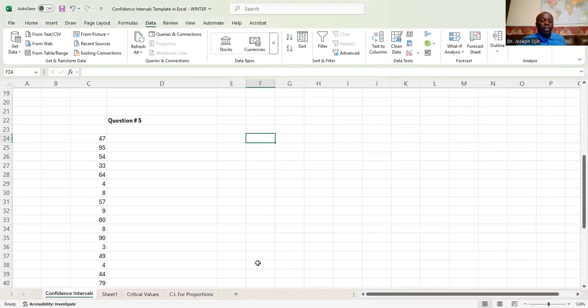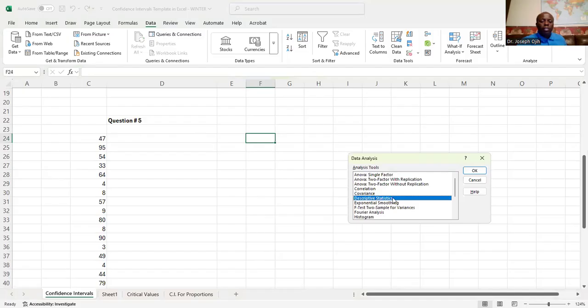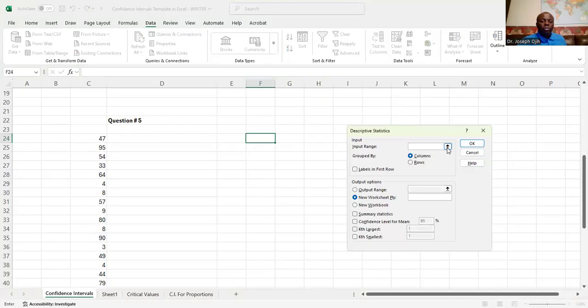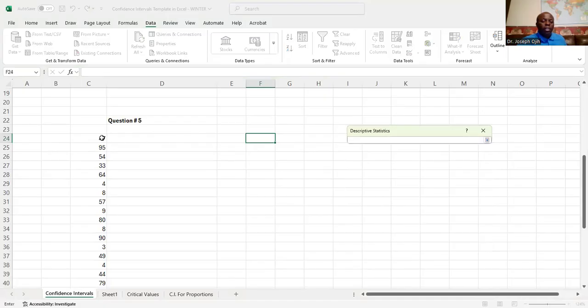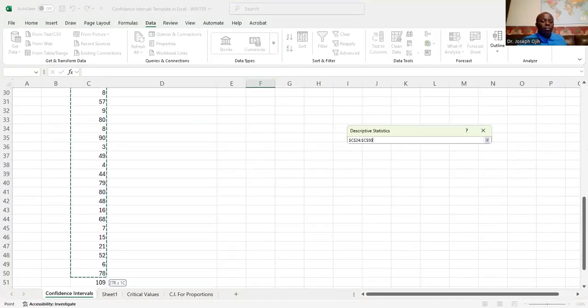Okay. Now, for this, just go to data analysis, choose the statistics, and click OK. Now, for this one, click on this and then put all the data sets, all of them.